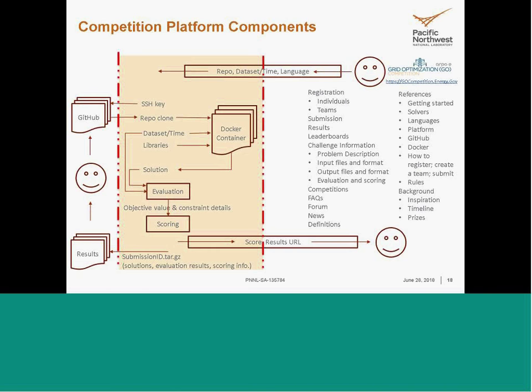So on the website, you'll get a link to basically an FTP site, a very high performance FTP site that has that submission, a tarred compressed file that has your solution, our evaluation results, and the scoring information. So all the information that we used to evaluate your code will be given back to you.